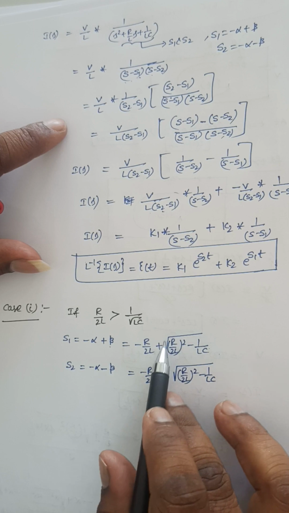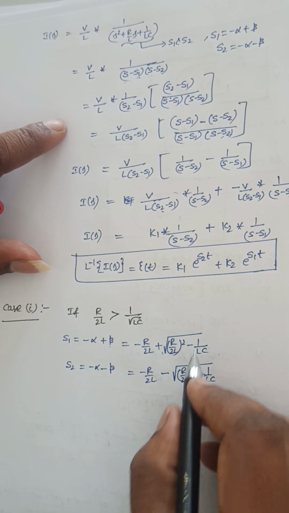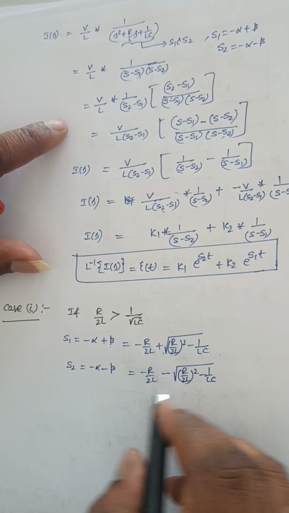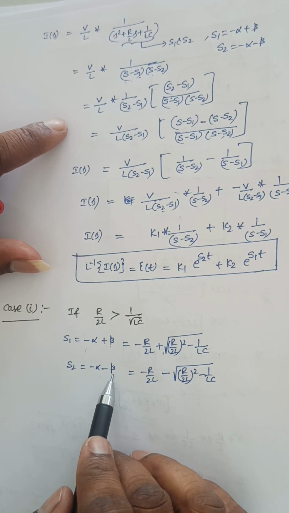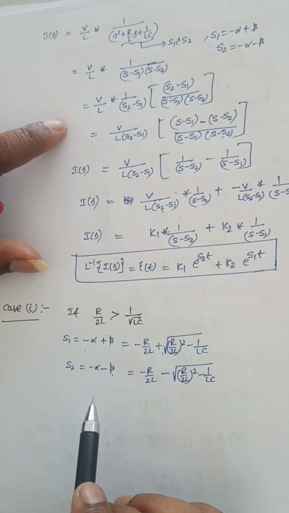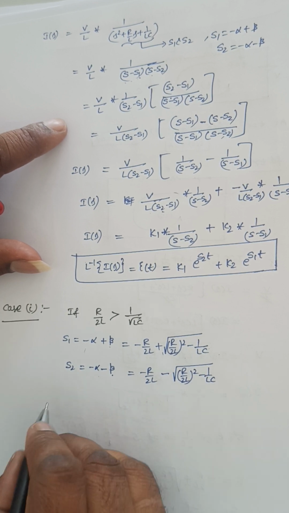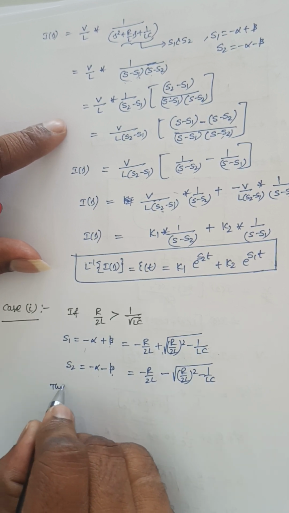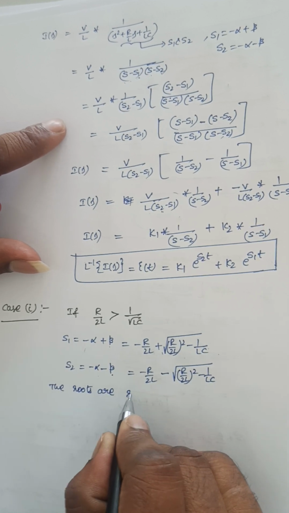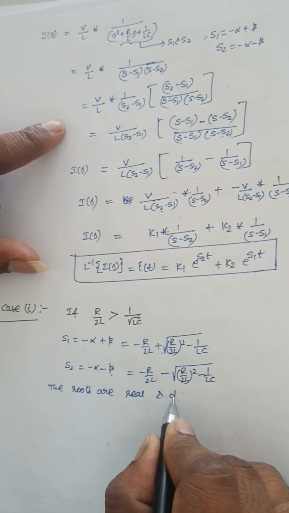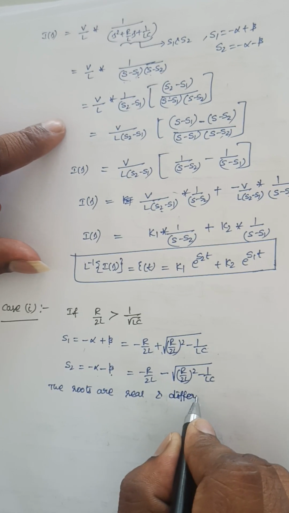So there are two roots, minus alpha plus beta and minus alpha minus beta. These are real and different roots.